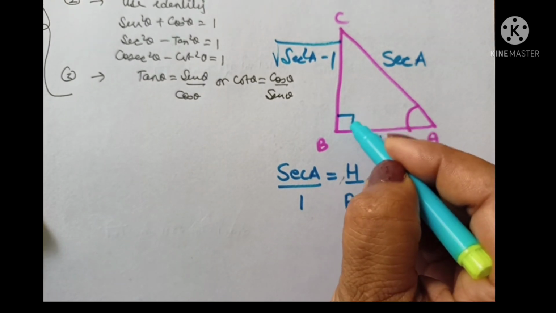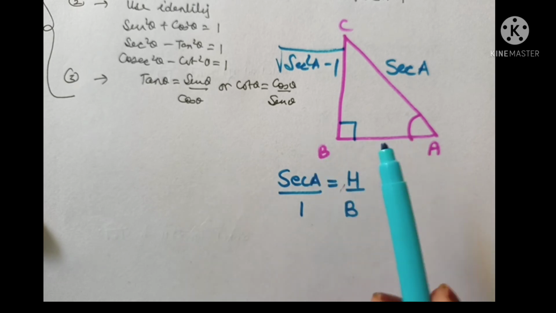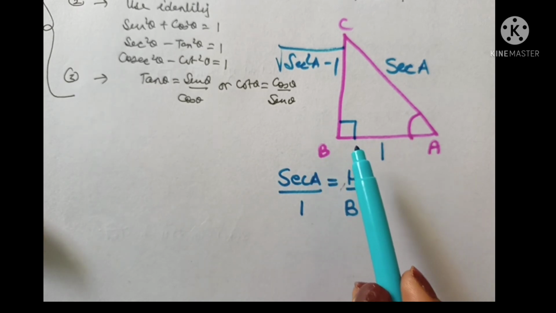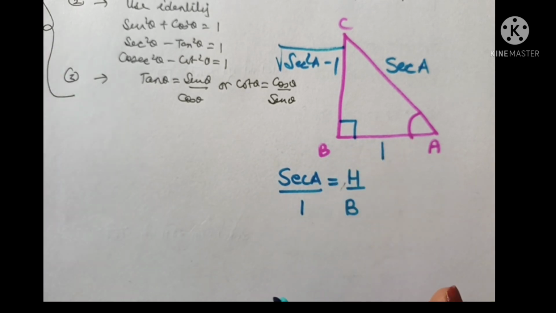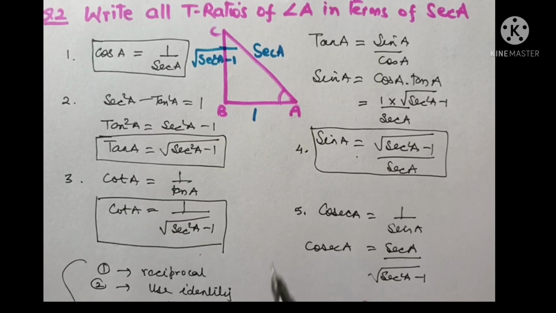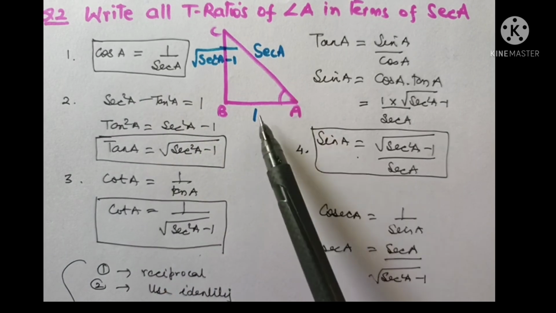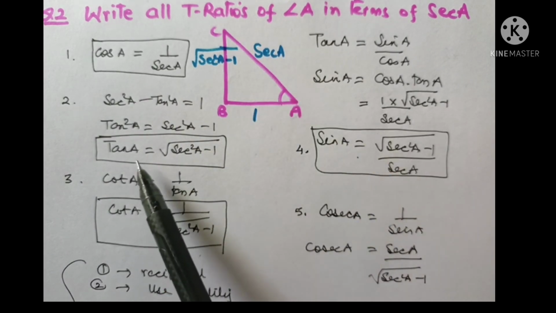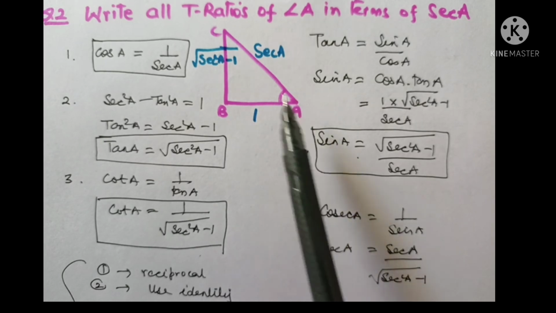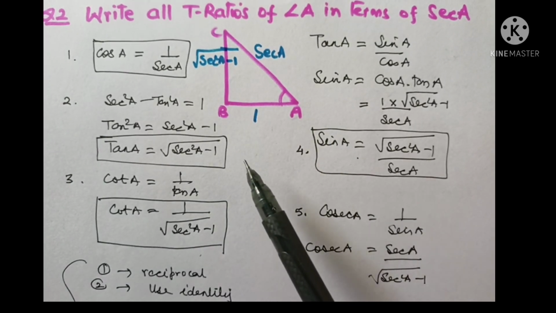Once we are done with completing the triangle, you can use this triangle to write any t ratio in the fraction of a second. Let us see, I have drawn this triangle again so that you can see all the t ratios. So let's see from here, cos A is base upon hypotenuse, so 1 by secant A. Tangent A is perpendicular upon base, so root of secant square A minus 1 upon 1 is not required.